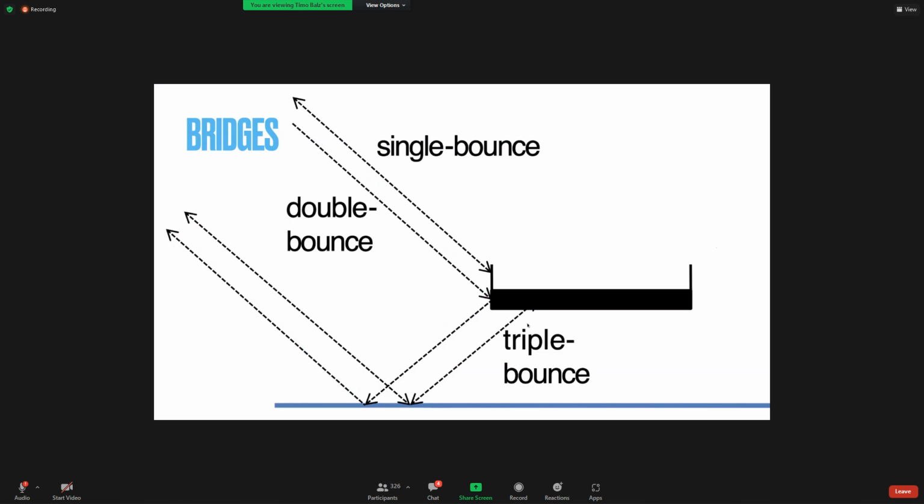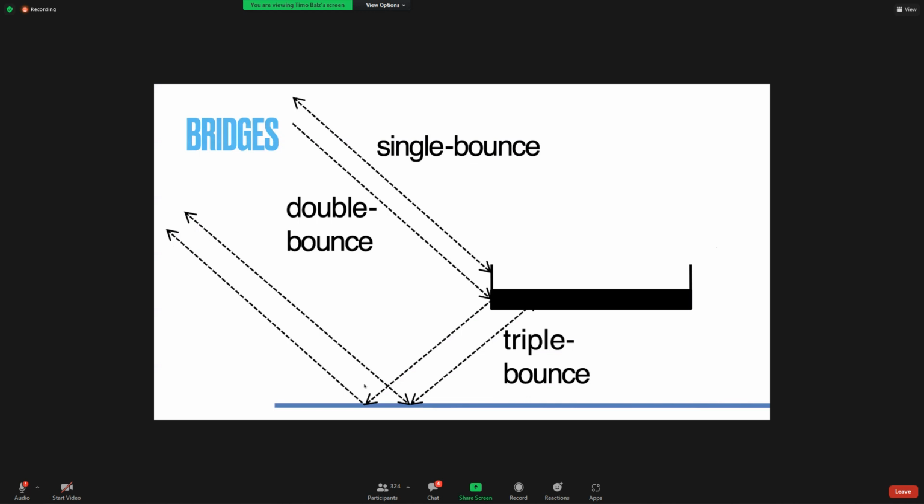The double bounce has one special effect. The double bounce from the timing is always the same as the single bounce at exactly this position, you can say the nadir position of the bridge. You can paint it on a piece of paper if you don't believe me, and measure it.